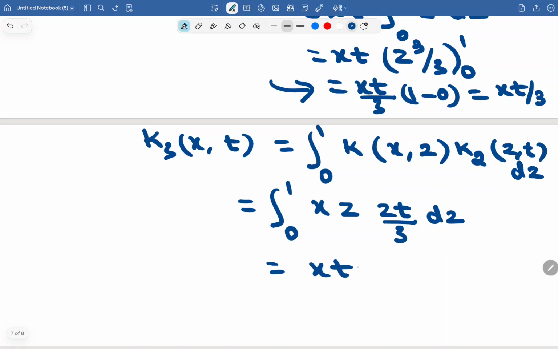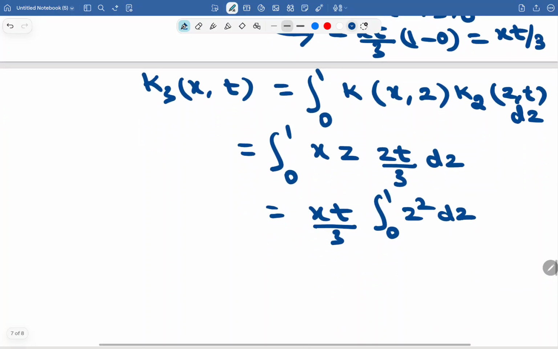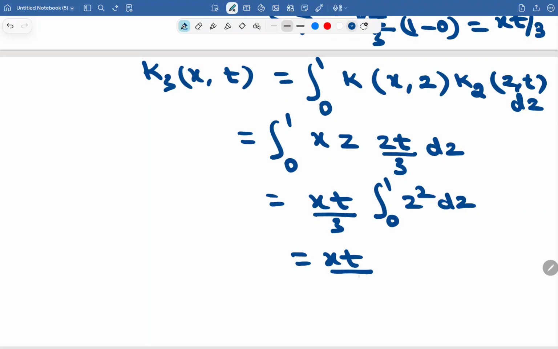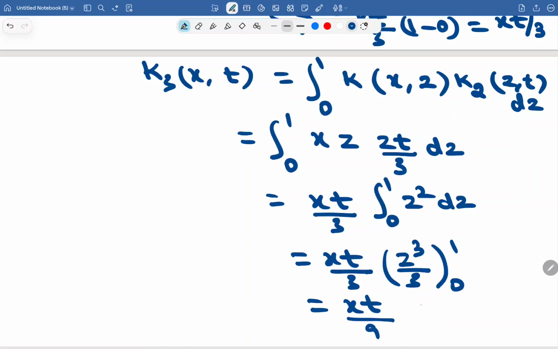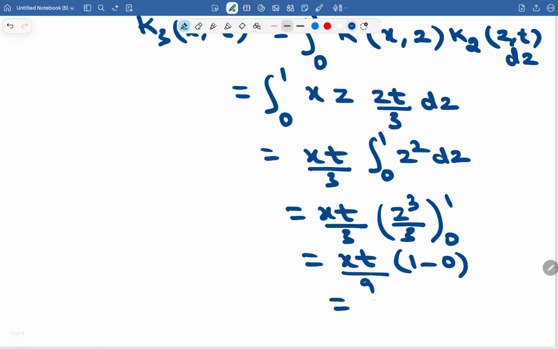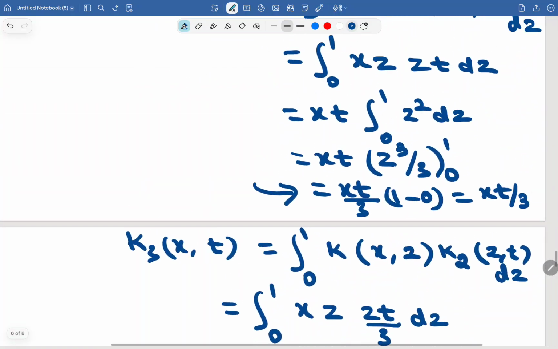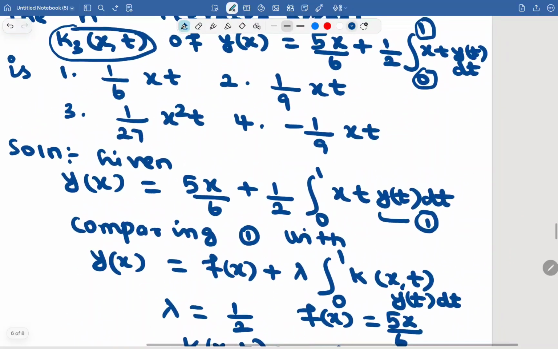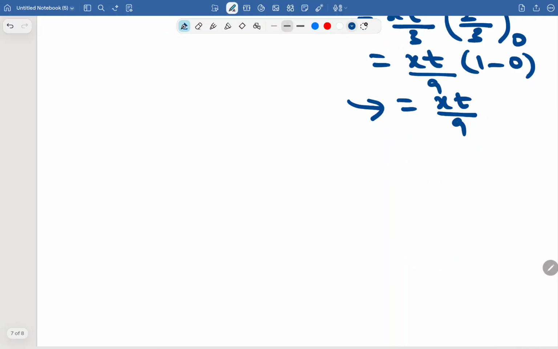This is xt by 3 integral 0 to 1 of z squared dz, xt by 3 times z cubed by 3 with limits 0 to 1, xt by 9 into 1 minus 0. Answer is xt by 9. This is k3 of (x, t). For this problem, the second option is the correct option.